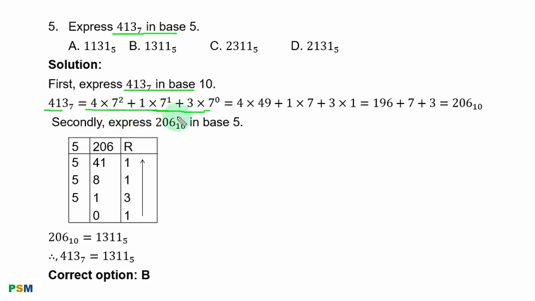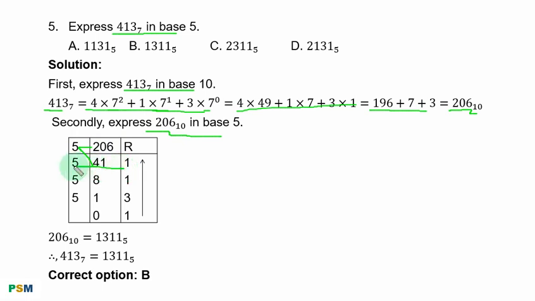When you simplify, you have these results, followed by this, and you have 206 base 10. Secondly, you express the number in base 10 to base 5. The process is continuous division until the last result is 0. So you have 206 divided by 5, you have 41, remainder 1.